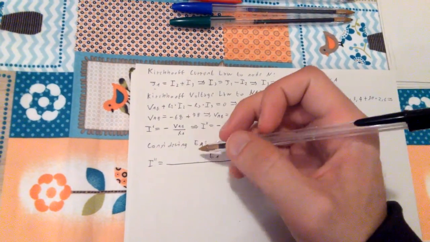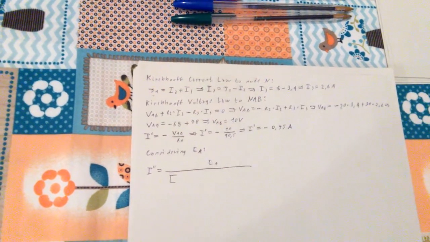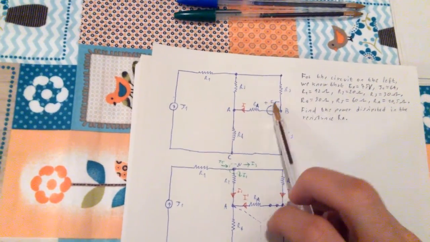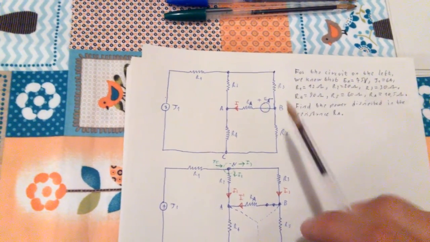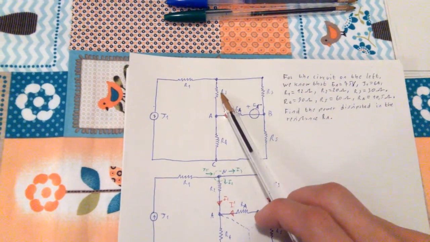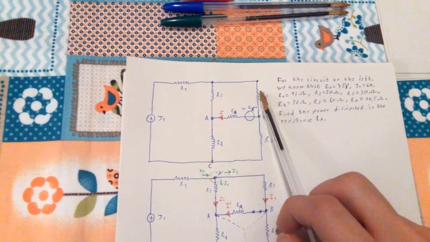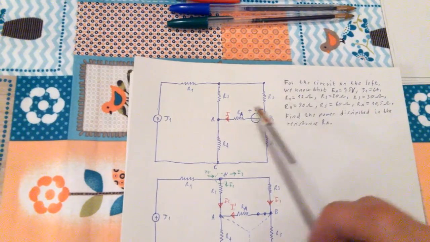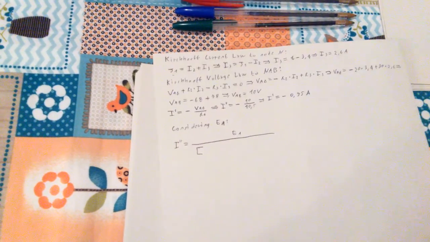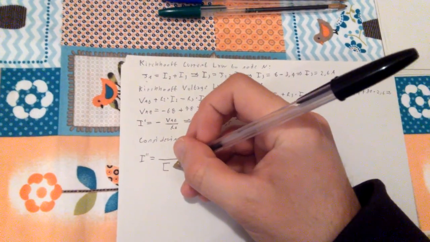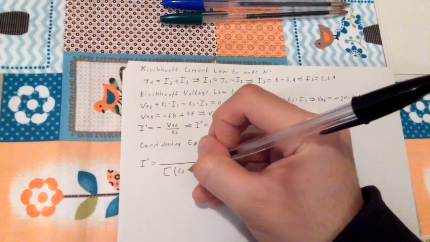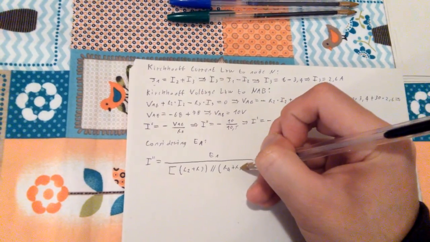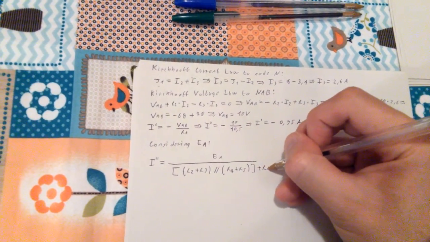I second will just be EA, the voltage there, over R2 plus R3 in parallel with R4 plus R5, everything plus RA.